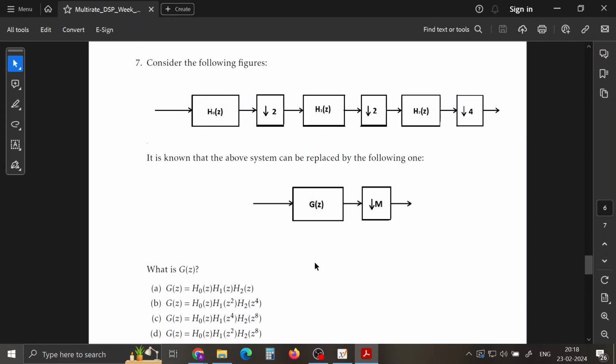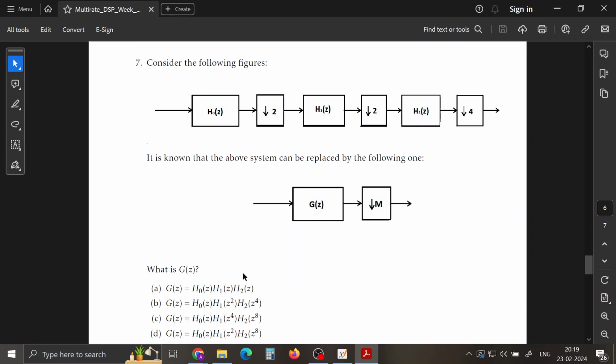Whenever you have this kind of a problem, one of the key elements that you want to use is the noble identities, because what's going on here is a chain of filters and downsamplers kept alternately. If you observe the figure on the top, there is a filter followed by a downsampler, then again a filter followed by a downsampler, and so on.